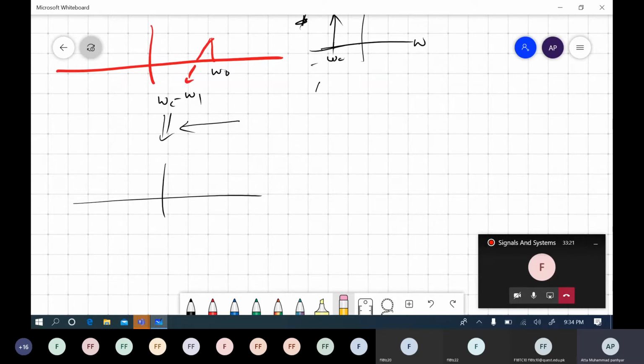If I draw this signal somewhere here, the output is shifted on this axis, and this point now must be omega minus omega c. When you subtract omega c from here, you get only minus omega 1, right? So the resultant signal is this.